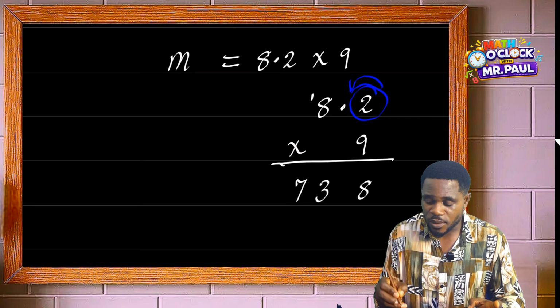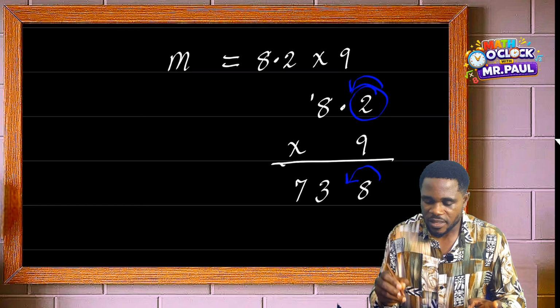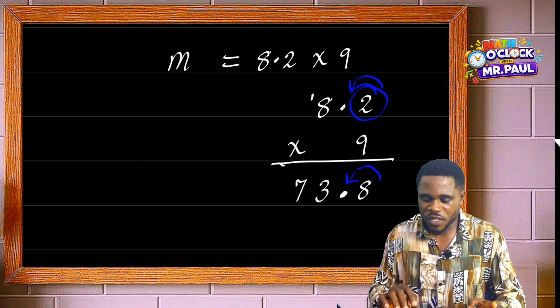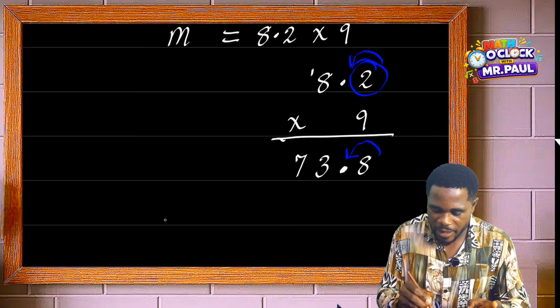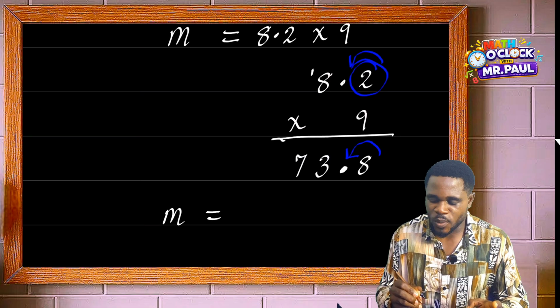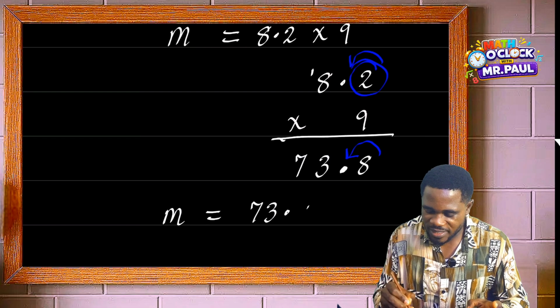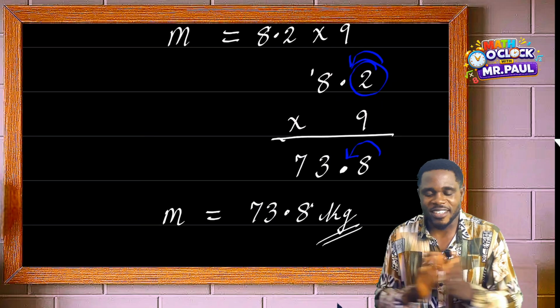So in your answer, you're also going to have one digit at the fractional part. That's where you are going to place your decimal point. This automatically means that the value of M is equal to 73.8 kg. Quite easily done.